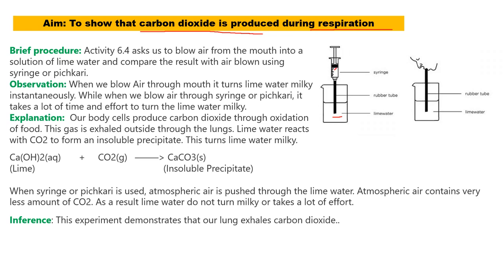There's a little bit of air present in the syringe, but probably it doesn't have enough carbon dioxide, so you won't see a change in the color of lime water, right? We know the lime water is Ca(OH)2, clear? But when you do the same experiment, when you blow exhaled air through your mouth, you will find that the lime water has turned milky.